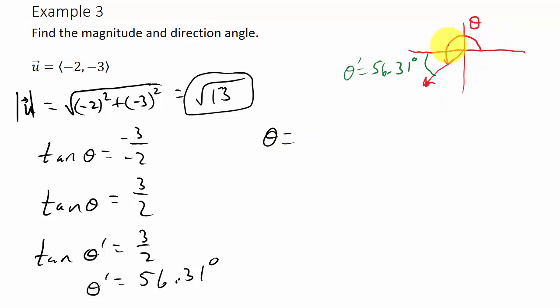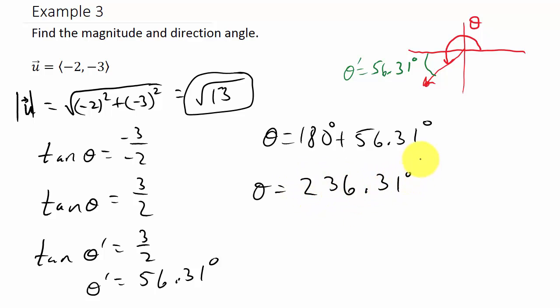That's 180 plus this part, which is our reference angle. So that's 180 plus the reference angle. So let's see, 180 plus 56.31. That is going to give us 236.31 degrees. And there is your direction angle. All right, so I hope it didn't confuse you on that. Just remember, draw the vector.